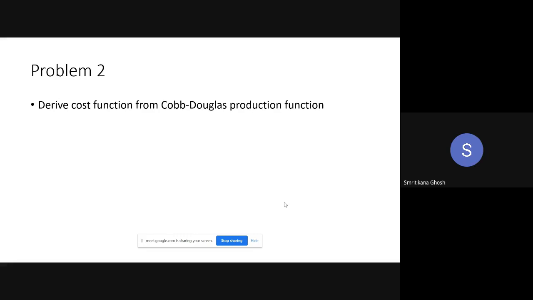If you put those values in your cost function C = WL + RK, so that C becomes C = WL* + RK*, it will be the cost function. This is how you have to find the cost function for Cobb-Douglas production function. So do it. This is your task, and definitely I will share it in your LMS. I am just announcing that the time is the next one week.